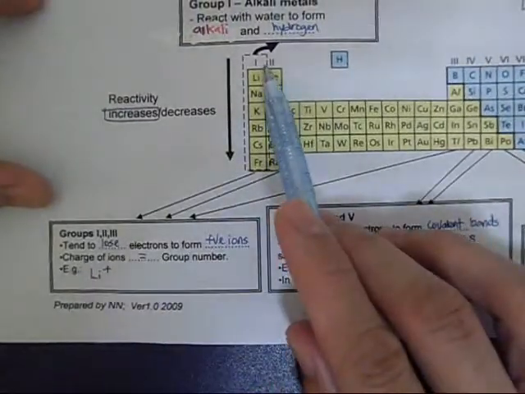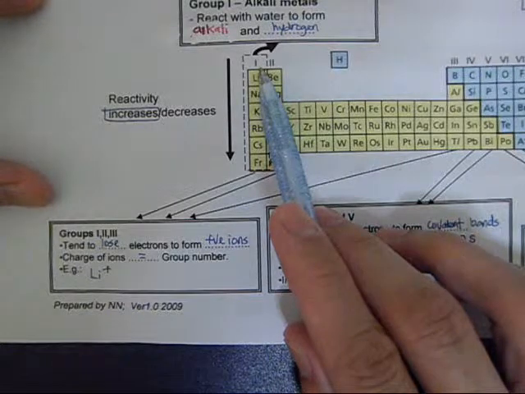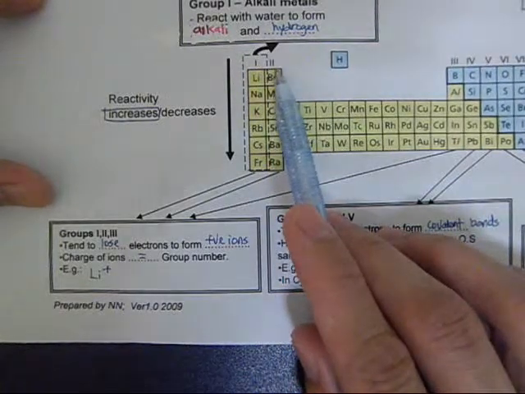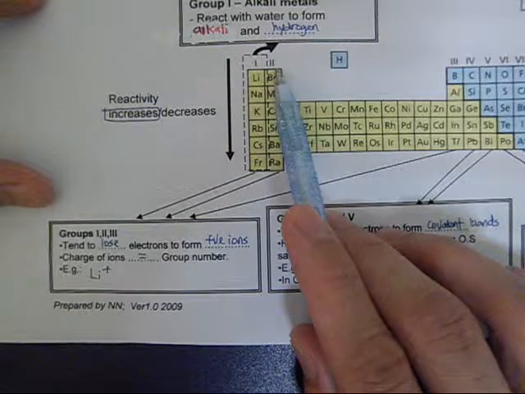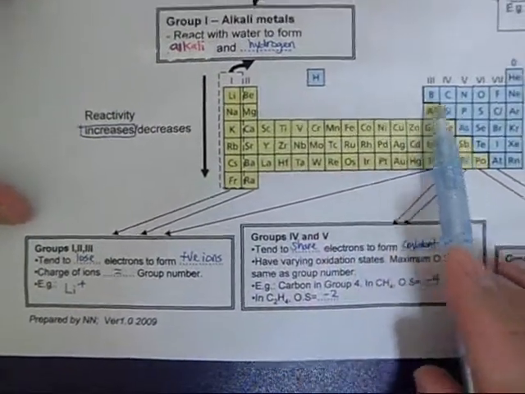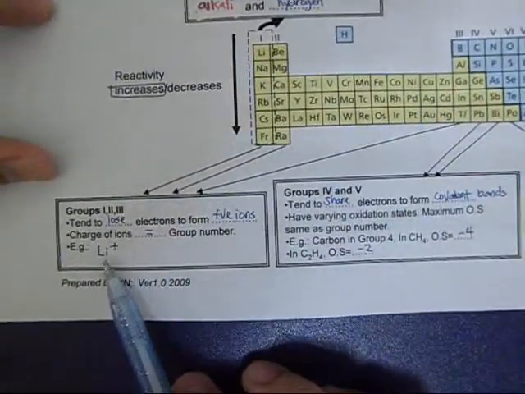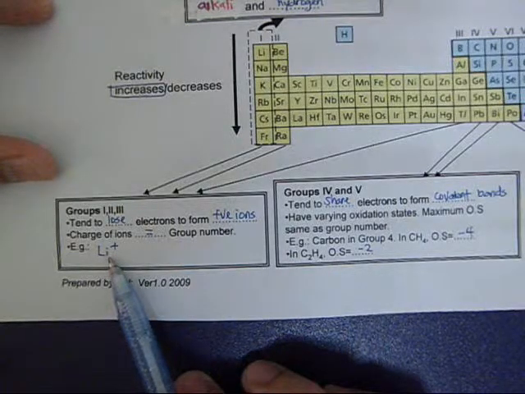Group 1 elements become ions with a charge of 1+, group 2 elements become ions of charge 2+, and likewise group 3 become 3+. An example is the group 1 element lithium, which loses 1 electron to become Li+.